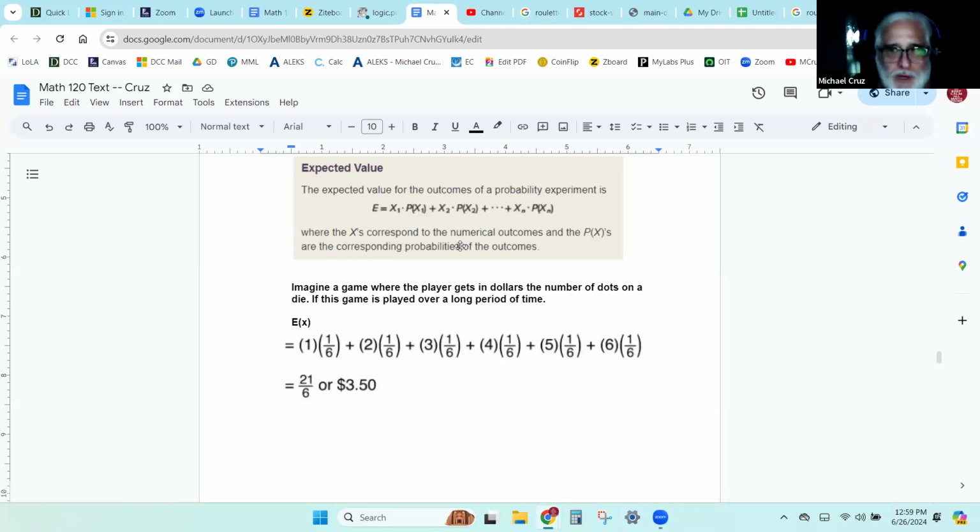Then we do that for each of the possible outcomes. Some may be positive, some may be negative. Then we add everything up, and that gives us the expected value.